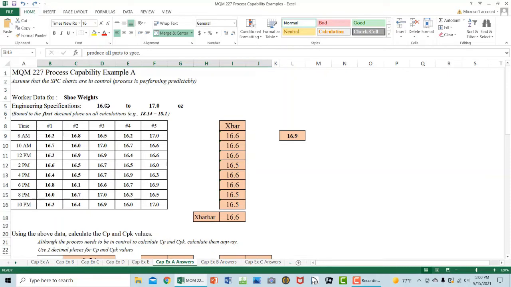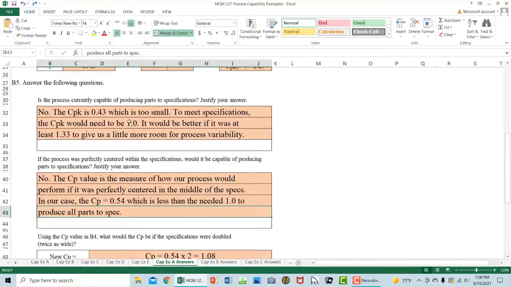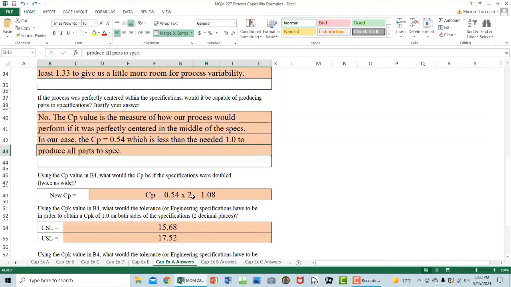So all you really have to do is multiply it times 2. So 0.54 times 2, the new CP would be 1.08 if the engineering people allowed us to double the specification to, let's say, 16 to 18 ounces.